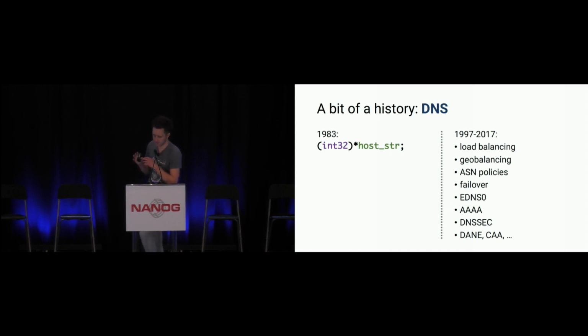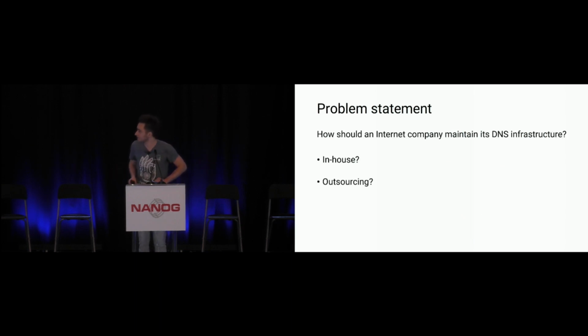So now, there are such a lot of features and opportunities built into the DNS protocol that even if you are not using them currently, you will start doing it at some point in time, or else your competitors will. And here is our problem. How should an internet company maintain its DNS infrastructure? Well, there are basically two options.